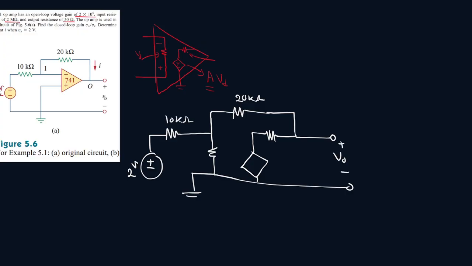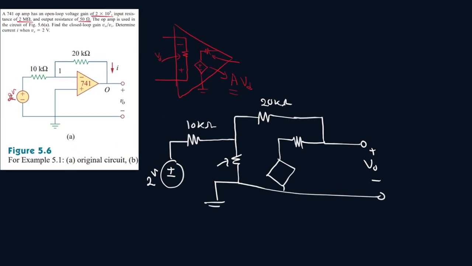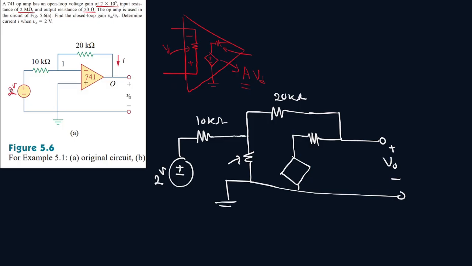Okay, so we can pretty much redraw the circuit in this way. Notice how this portion came from here, okay? And this is VD, sorry, so hold on, let me do it again.